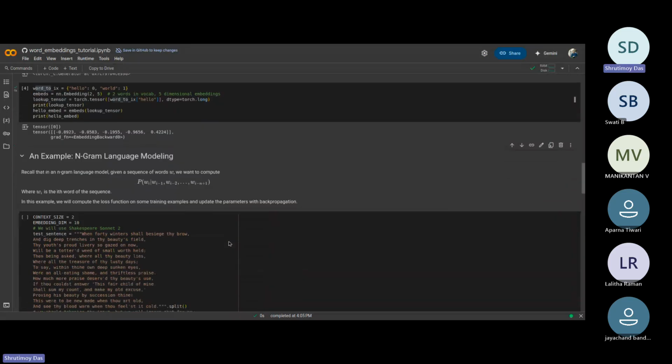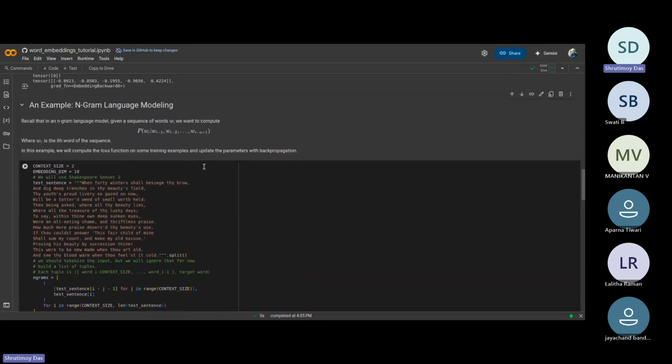So here they have taken an example of n-gram language modeling. Language modeling basically says that given a set of sentences or documents, you want to model the corpus that you have.